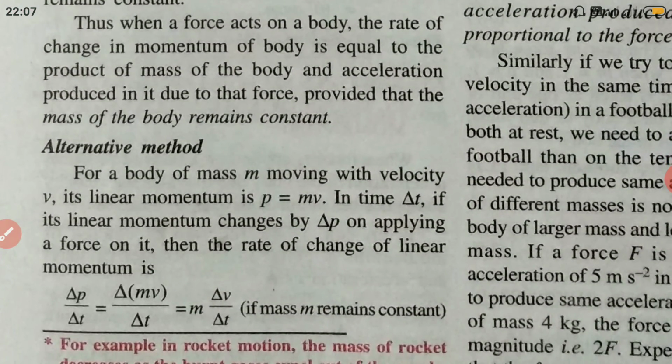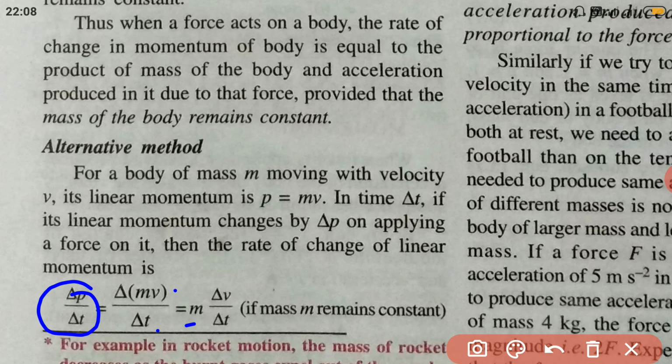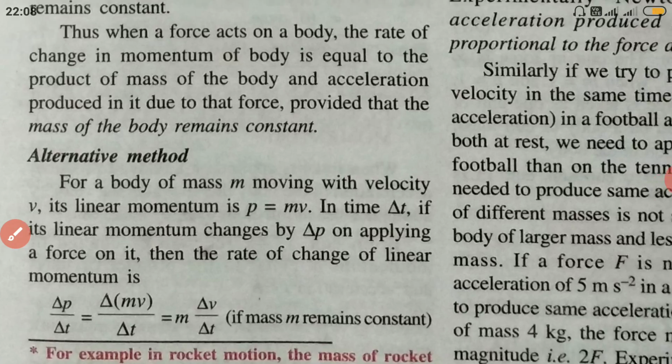There is an alternative method also, using the del. You all know the momentum is m into v, and the change in momentum is del of (mv). The rate of change of momentum should equal change in momentum by time. If the mass remains constant, there is no del in front of mass, and it will be m del v by del t.